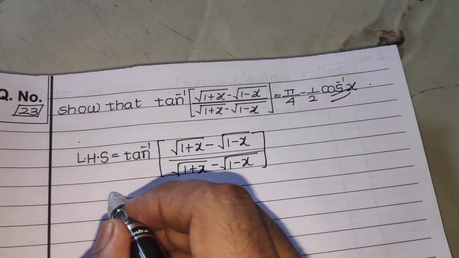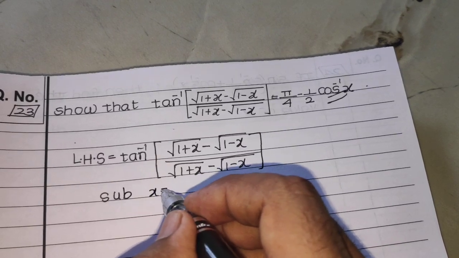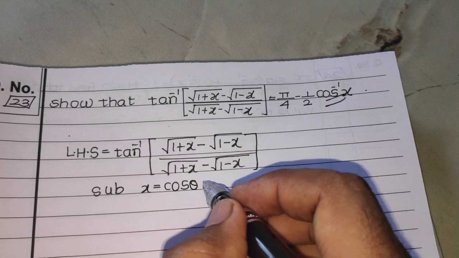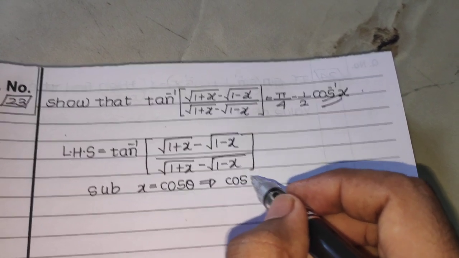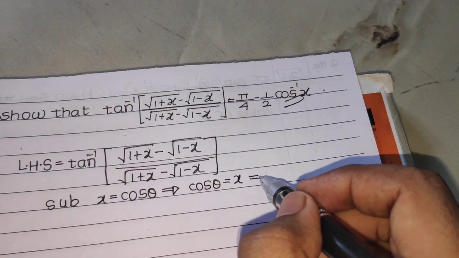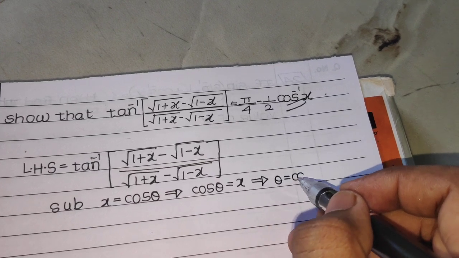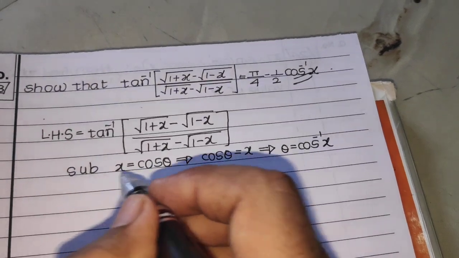Now substitute x equal to cos theta. This indicates cos theta equals x, and this shows my theta equals cos inverse of x.